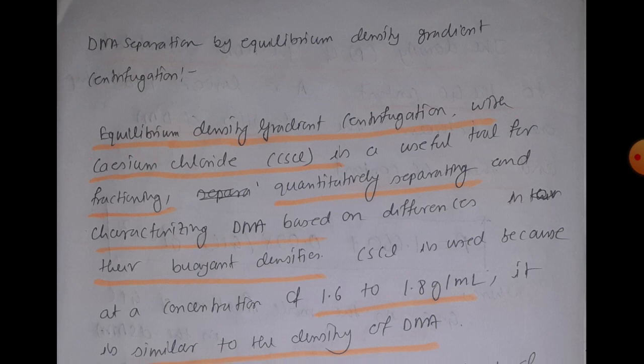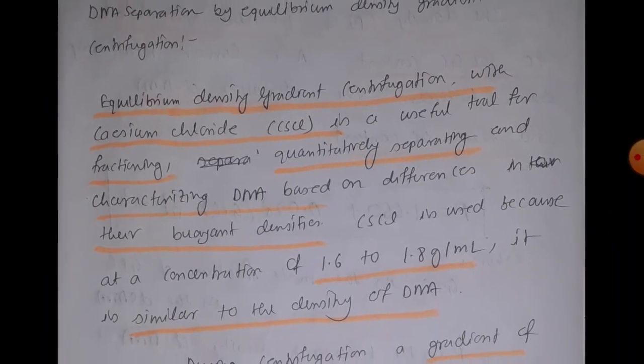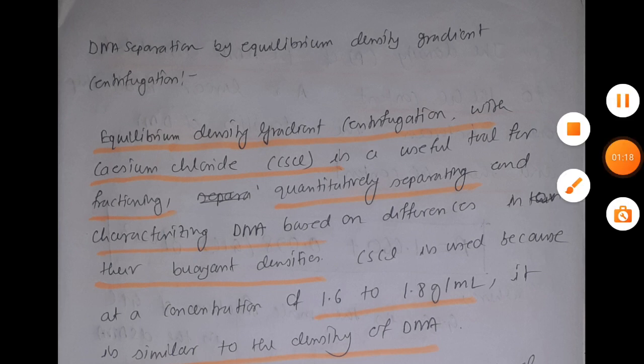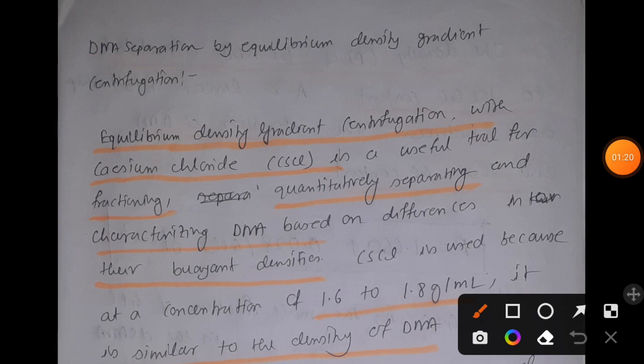As we separate other things with the help of isopycnic centrifugation, here we are also using the same property for separation of the DNA. That means we are using the differences in buoyant density between different DNA molecules to separate them, okay.